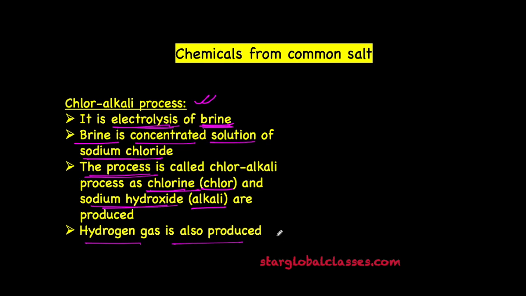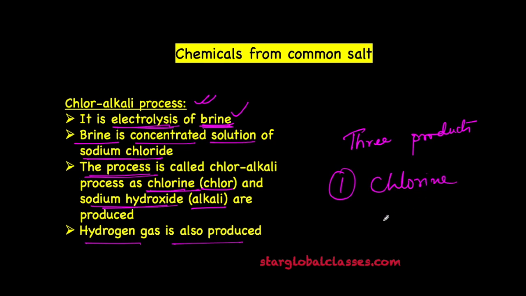In this electrolysis process, where brine is electrolyzed, means concentrated aqueous solution of sodium chloride is electrolyzed, three products are formed. We can see here three products already mentioned. Number one, chlorine. Number two, hydrogen.